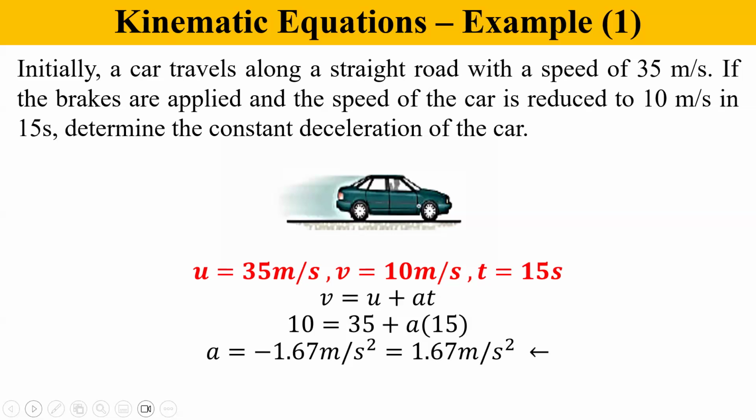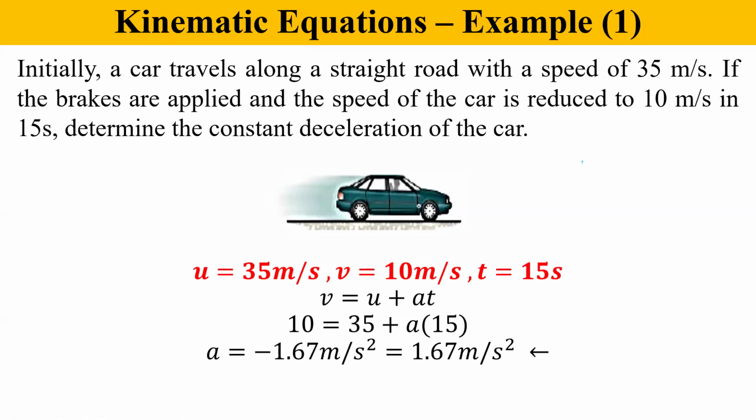Here now you have your initial velocity, u, which is 35 meters per second, and the final velocity is 10 meters per second. Now we can apply our first equation of motion, which says that final velocity is equal to initial velocity plus the product of the acceleration and the time. So here you simply do a substitution. First thing you need to do: when you see a problem, you list out what you have, what you don't have, and what they ask you for.